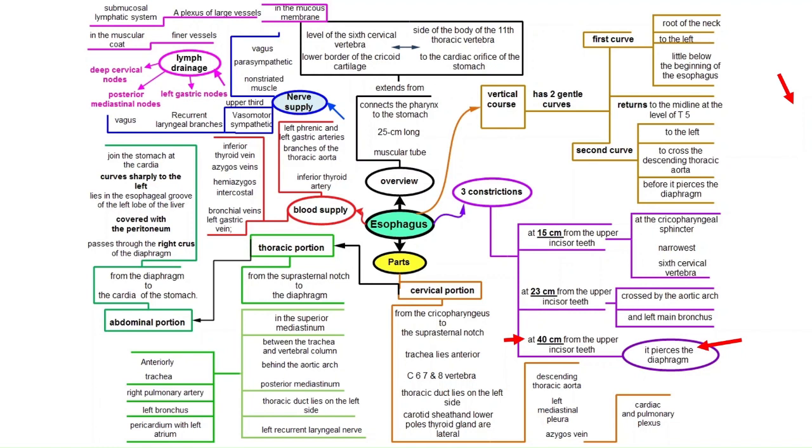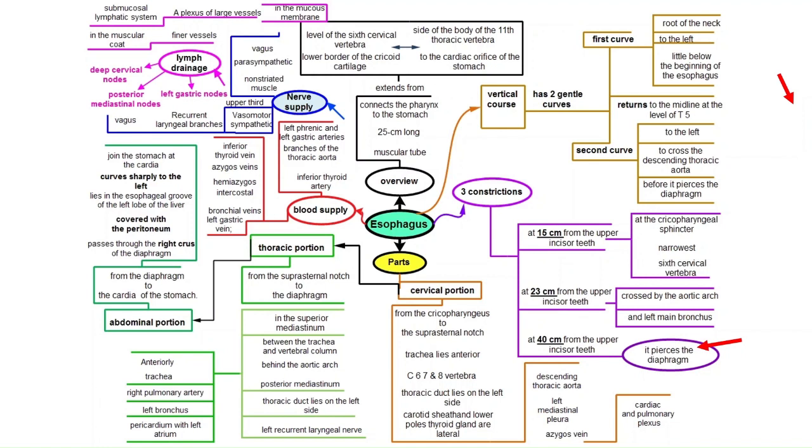Okay, so it has 3 constricted areas as a lumen and 2 gentle curves along its descent. What else? Let's see the parts. There is a cervical portion, and there is a thoracic portion and an abdominal portion.